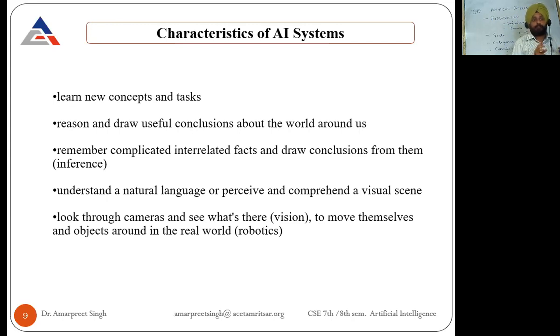First we have to perceive it and then comprehend. The same task has to be done by the machine, and perceiving in a machine is done through the senses, such as cameras and vision, to move themselves and objects around in the real world. As our eyes notice what is happening around us, the same perceiving and sensing power has to be inculcated in an artificial machine also.